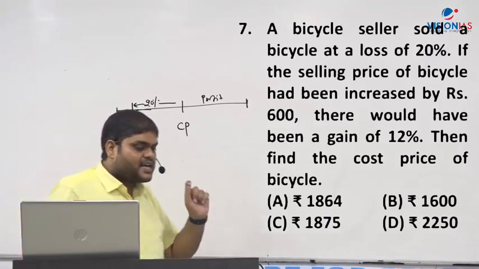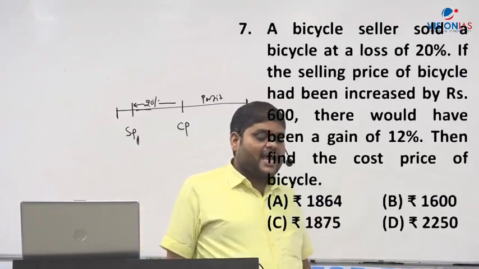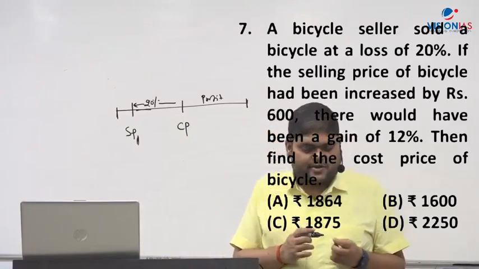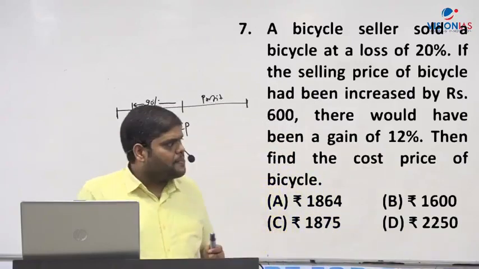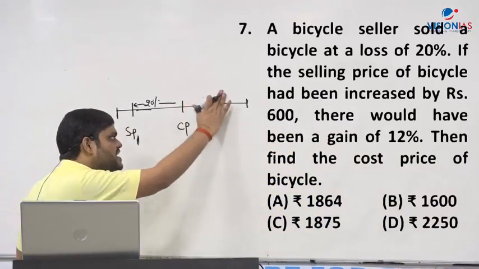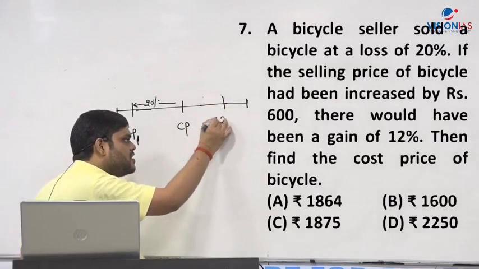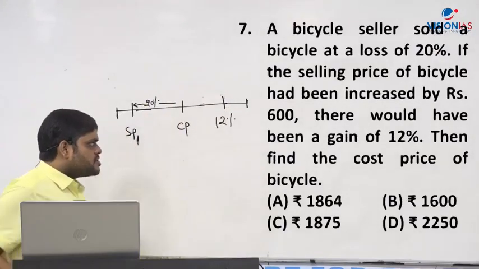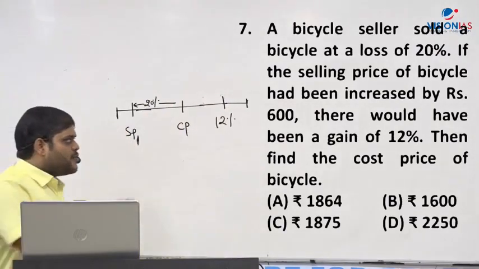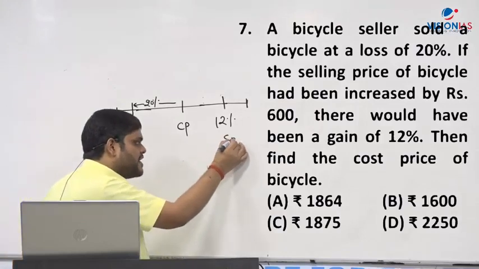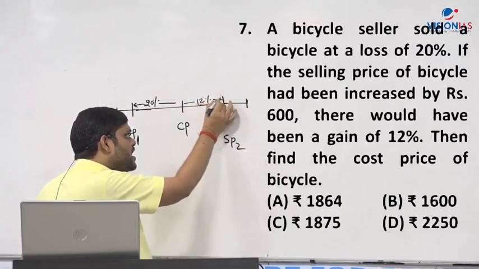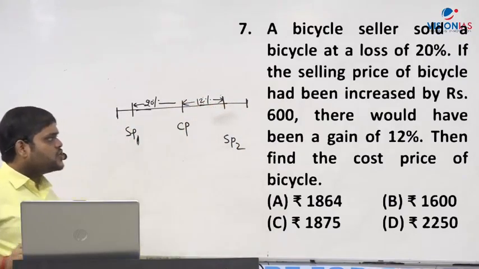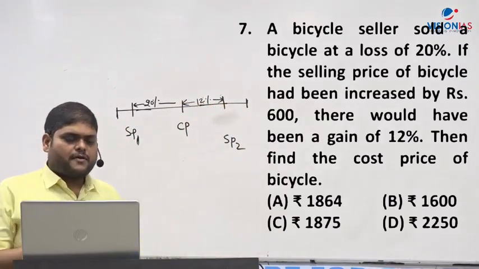The second part: if the price is increased by 600 rupees, now the person is gaining 12%. That means the new SP will be 12% more than CP, or not?